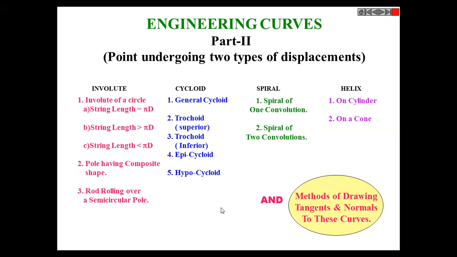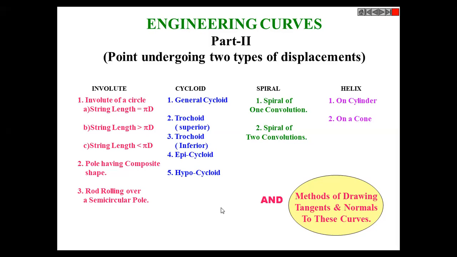Okay, so these categories include involute curve, cycloidal curve, spiral curve, and helix curve. Again, they have multiple categories within them, such as involute of a circle, a pole having composite shape, and rod rolling over a semicircle pole. That comes under involute.